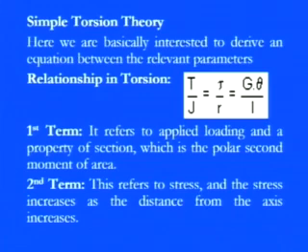The first term is T by J. The first term refers to the applied loading, what exactly the torque is, how it is applied, in which direction it is applied, and when the torque is applied, what the corresponding property of the section is, meaning the affected area. T is the torque applied and J is the polar moment of inertia.